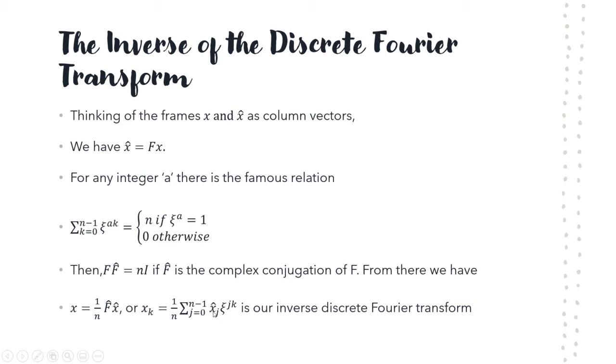This is x hat j, not x, because x hat is the output of the discrete Fourier transform, and we use it as the input for this and output x. So that is our inverse discrete Fourier transform. I also need to note that f hat is the complex conjugate of f.